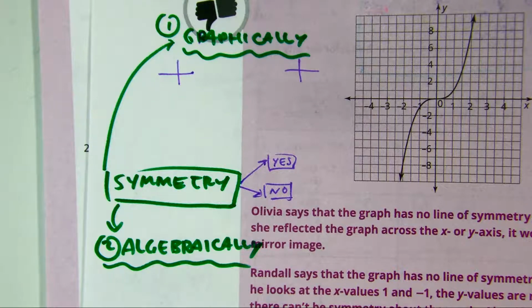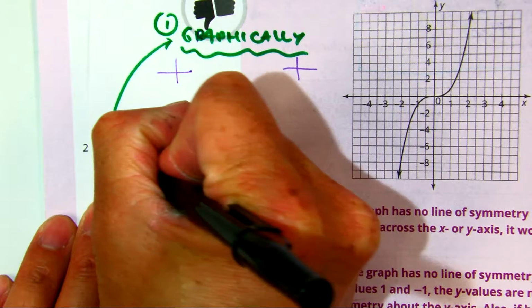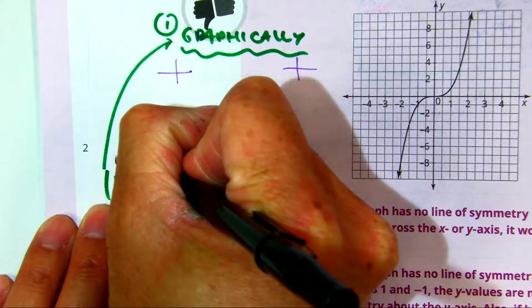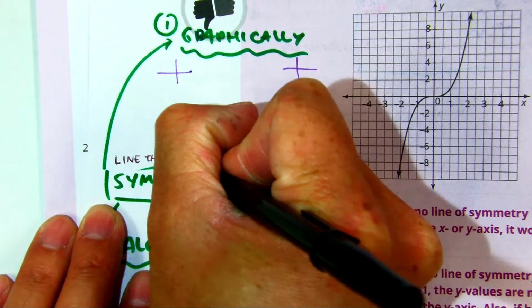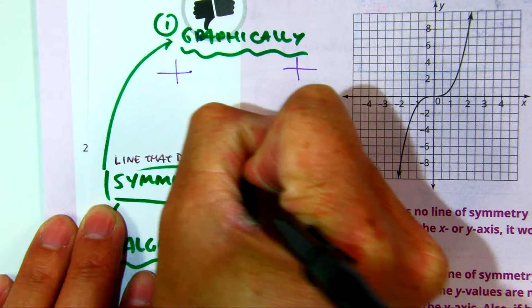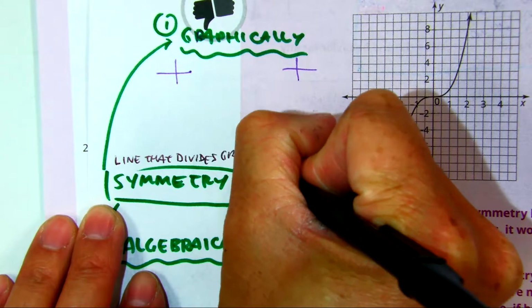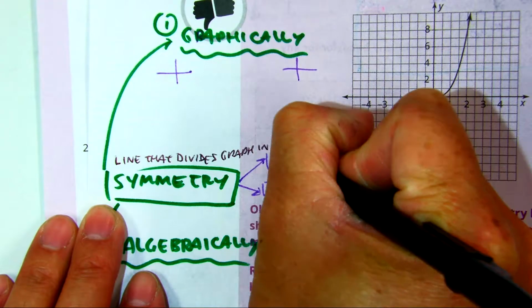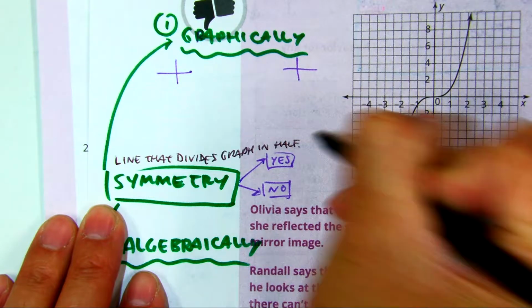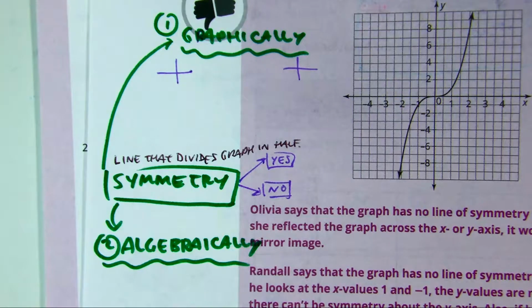It's the line that divides the graph. Line that divides graph in half. Thank you.